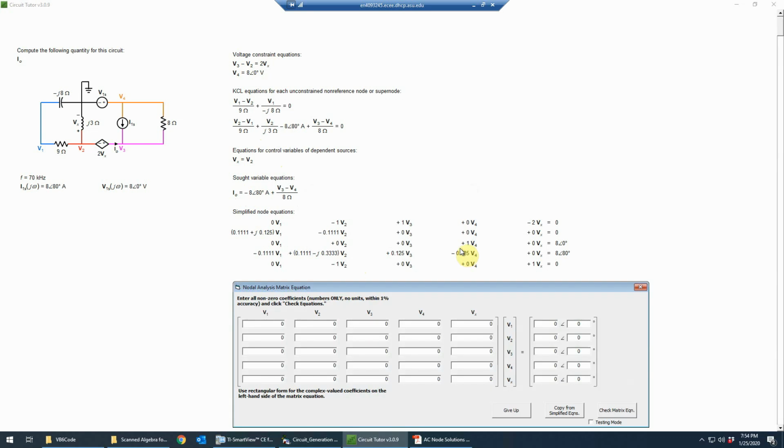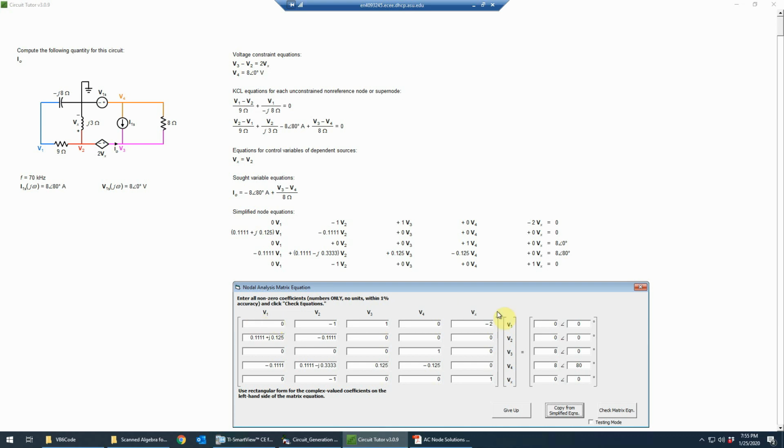Okay, so now the next job is to cast these in the form of a matrix equation, and we can just press the copy button there rather than retyping all those coefficients. Each simplified equation corresponds to one row of the matrix equation.